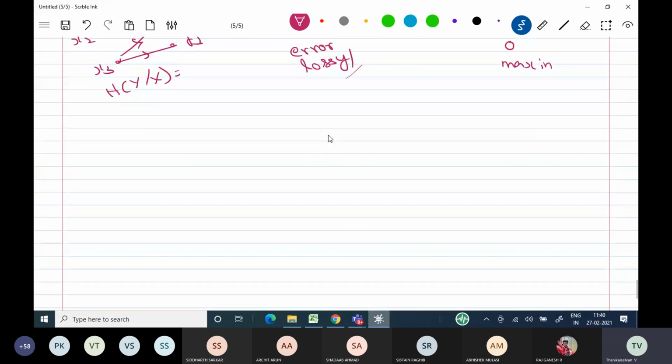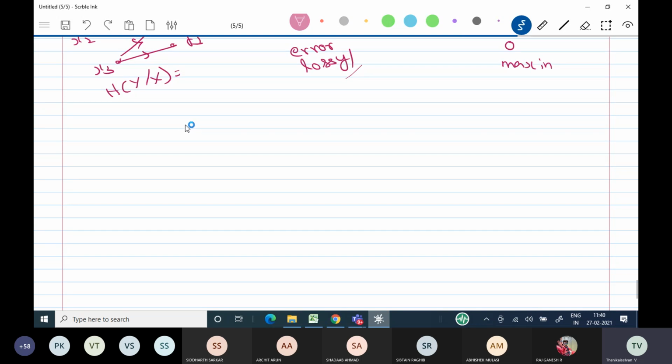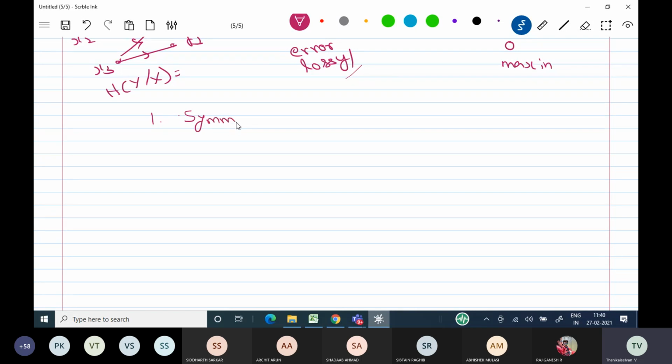Last, I'll be giving the different types of channels. I'll list them out, complete the first channel only, and the remaining channels we will see in the evening class. So note down the classification of channels. First is the symmetric or uniform channel.